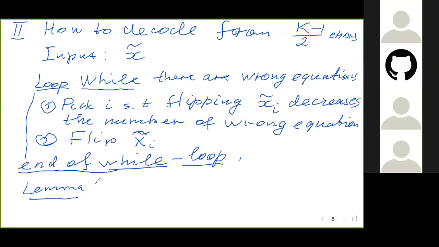And here we will assume that epsilon is at most 1/4. We need a little bit smaller upper bound for epsilon. So if epsilon is at most 1/4, and also we assume that the number of errors is at most k minus 1/2.